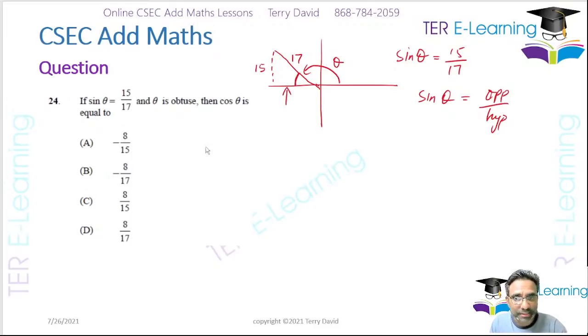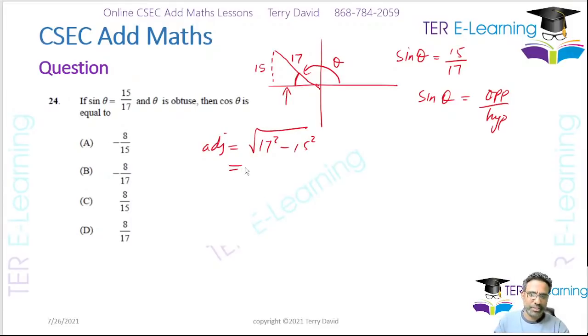So that adjacent is simply going to be 17 squared, we're using Pythagoras' theorem here, minus 15 squared, right? So using the calculator for that, 17 squared minus 15 squared is going to give me 64. So we're finding the square root of 64. So this is 8. So therefore this length here is equal to 8, right?